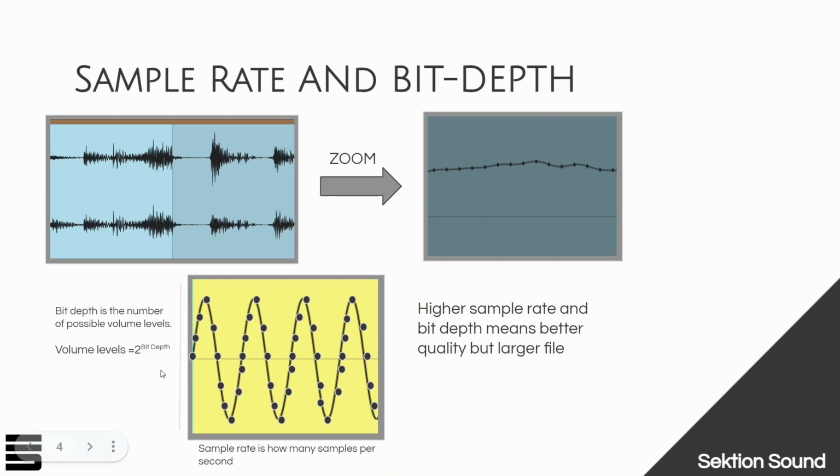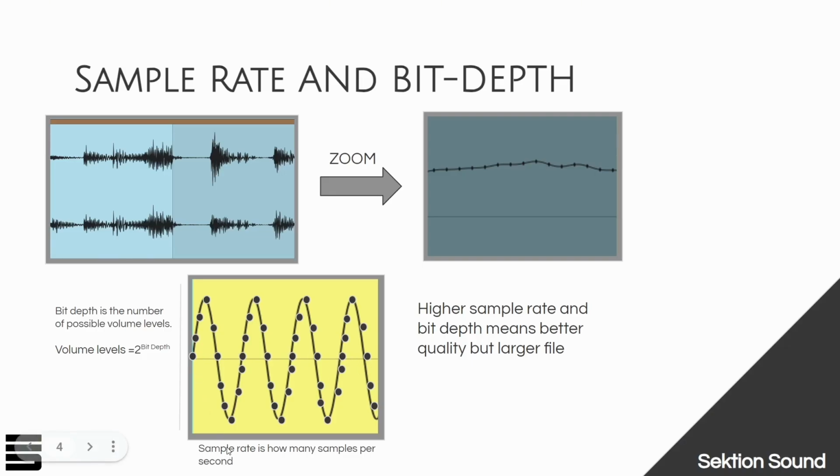Some people might have had the experience where you download something off Bandcamp, put it on a USB, and then the CDJs can't read it. That's usually because the bit depth is too high and the CDJ can't read it. But basically higher bit depth means higher quality in the fine volume levels, and sample rate is how many samples we get per second.